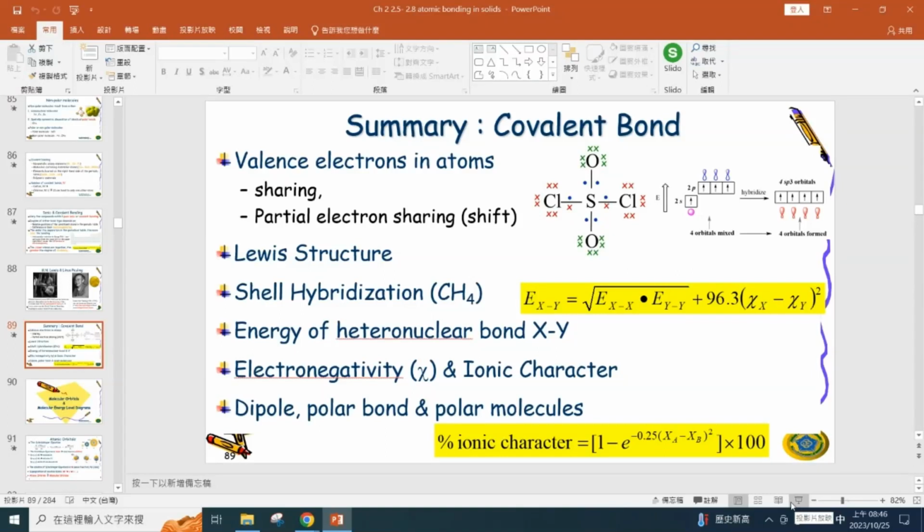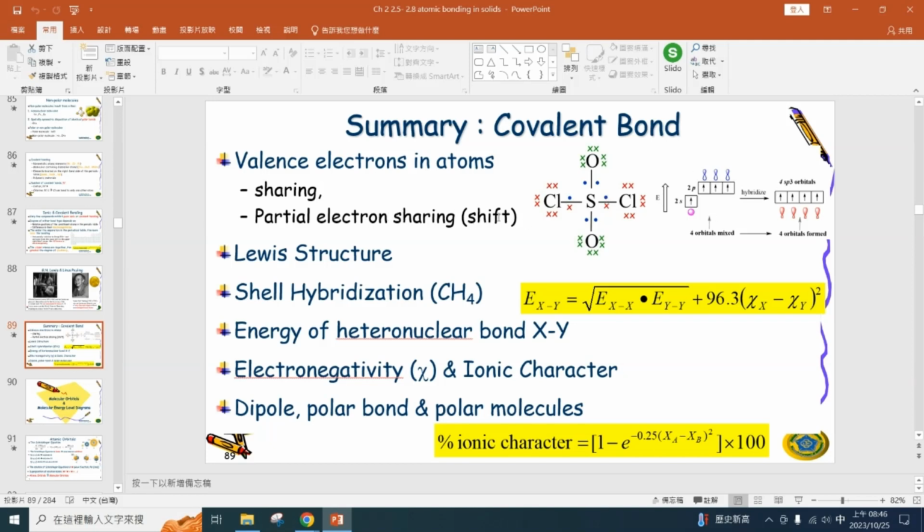Let me summarize the covalent bond information. The first point is that valence electrons in atoms are sharing, or partially sharing, which we call shift.